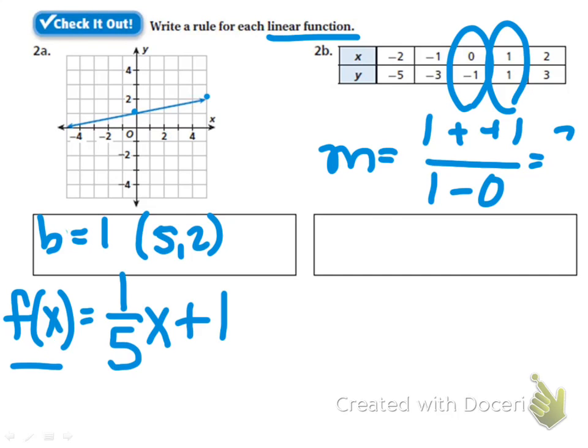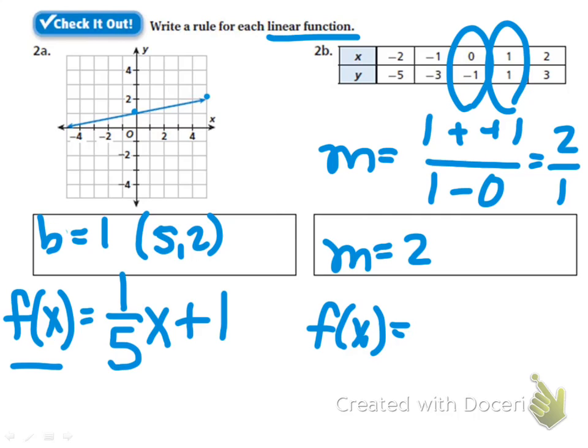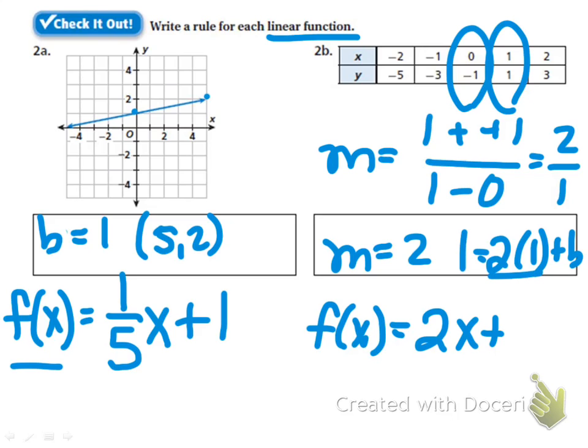So I find that my slope was 2. So if I put this in my equation, I should have a slope of 2. And if I did this right, I should have found that 2 times 1 was 2. And if I divided by 2, my b was 1/2.